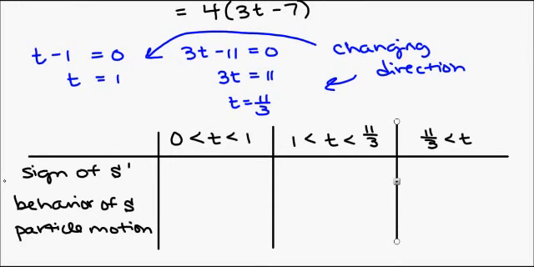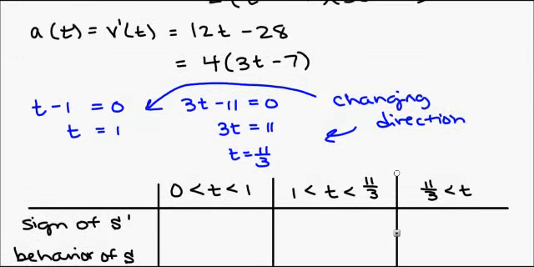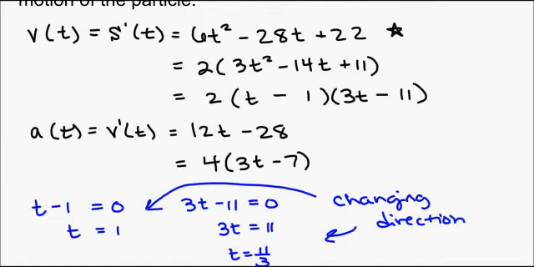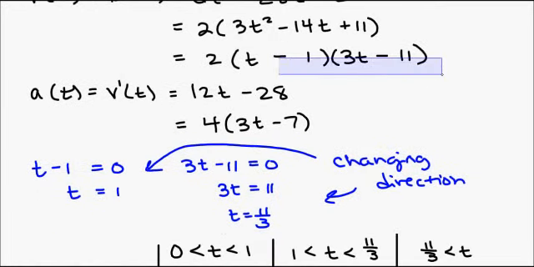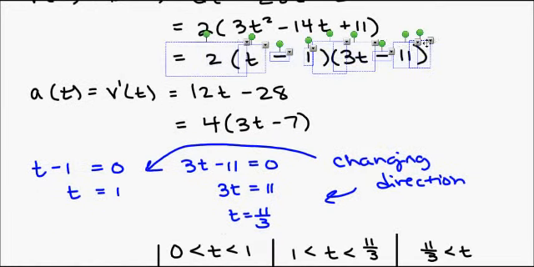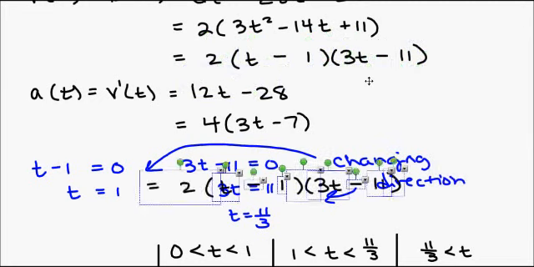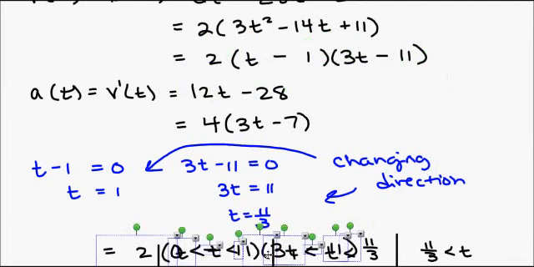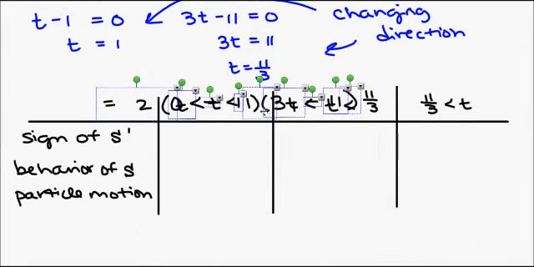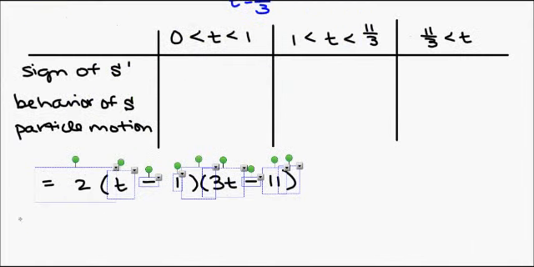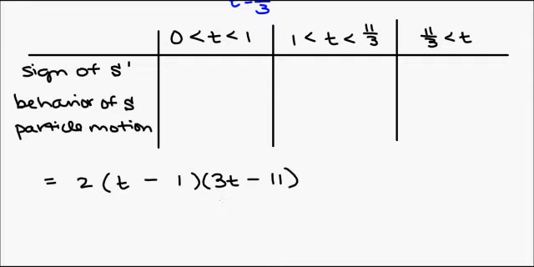So I'm going to plug in right here, I guess 1/2 into my factored version. So copy this. If I plug in a 1/2, this will be negative in here. So I have a negative times this 2 is positive.